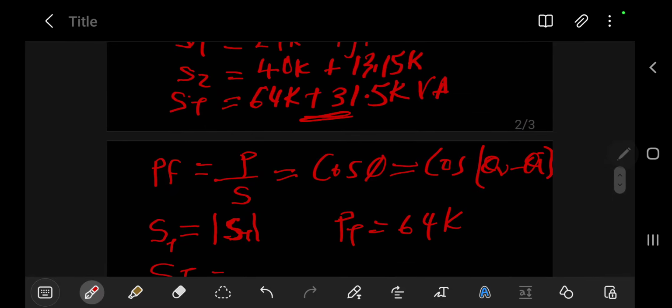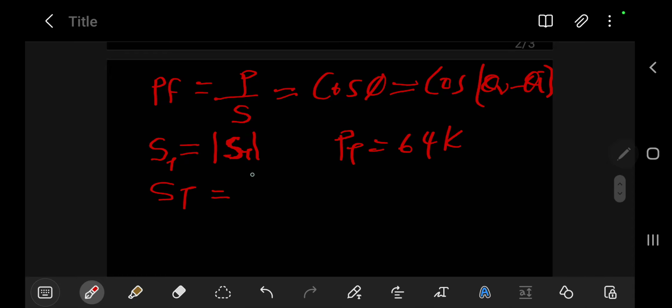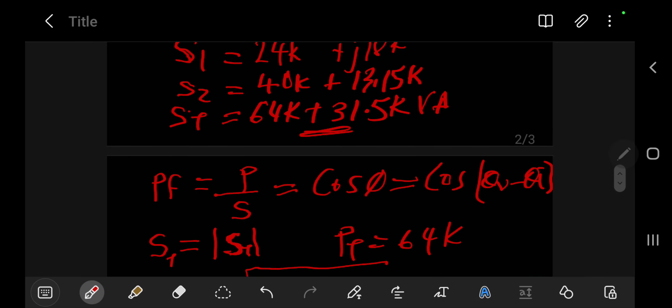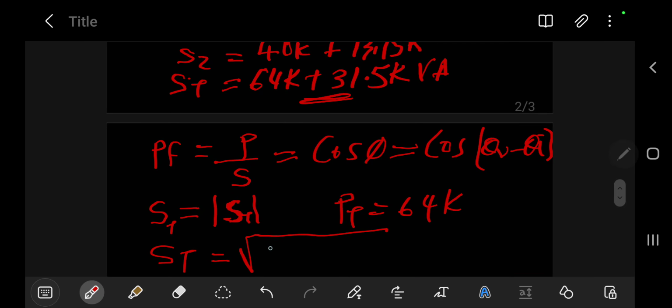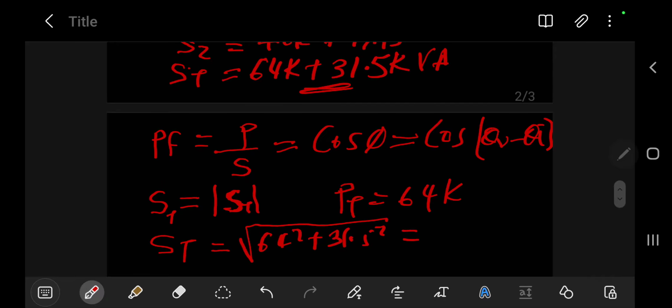You just have to get the magnitude for this, and it's going to be the square root of 64 squared plus 31.5 squared.